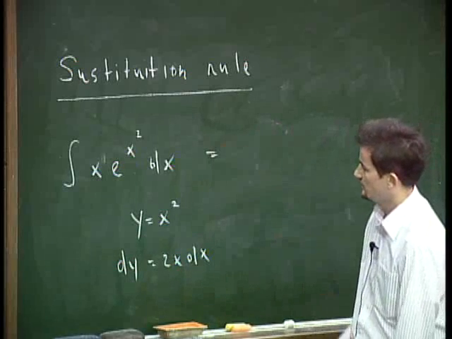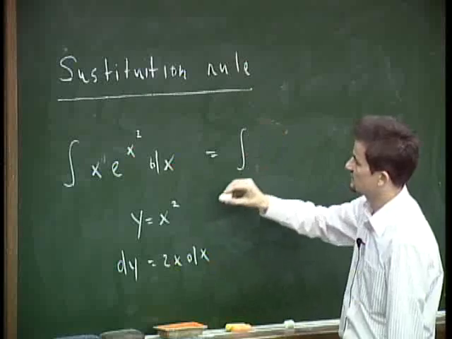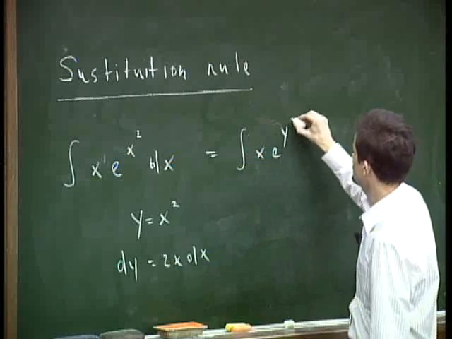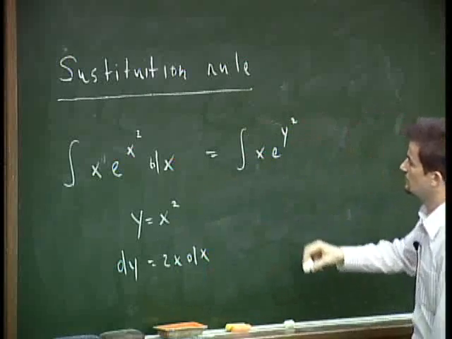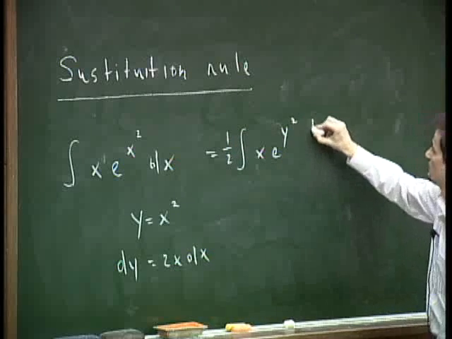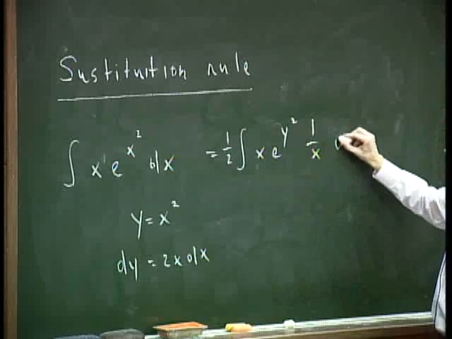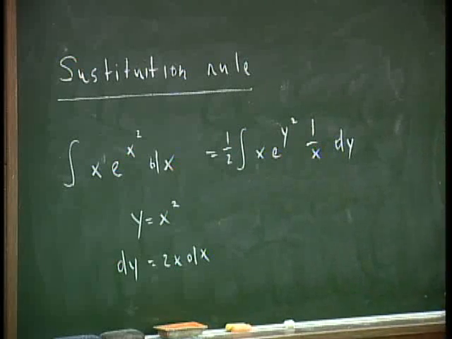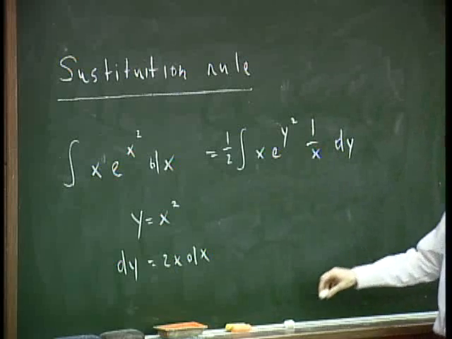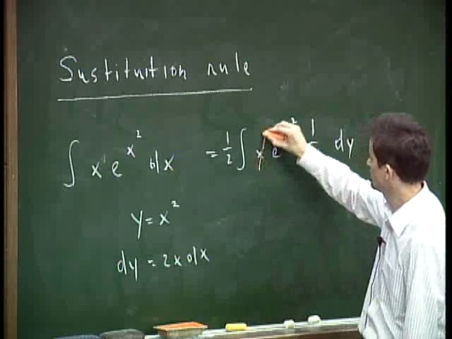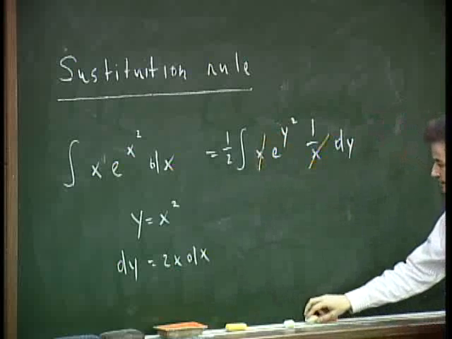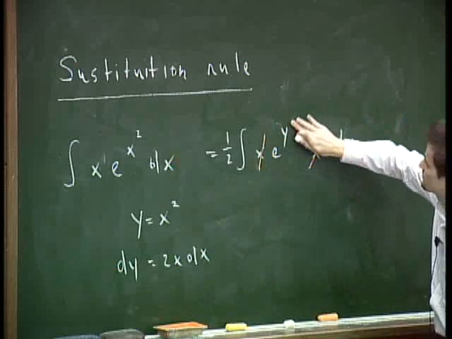So you replace x e to the x squared by x e to the y, and you replace dx by 1 over 2x. And now you see, the reason why this works is because this here cancels out.